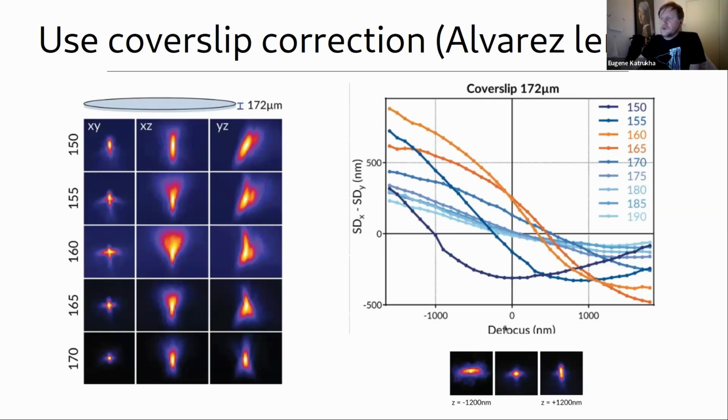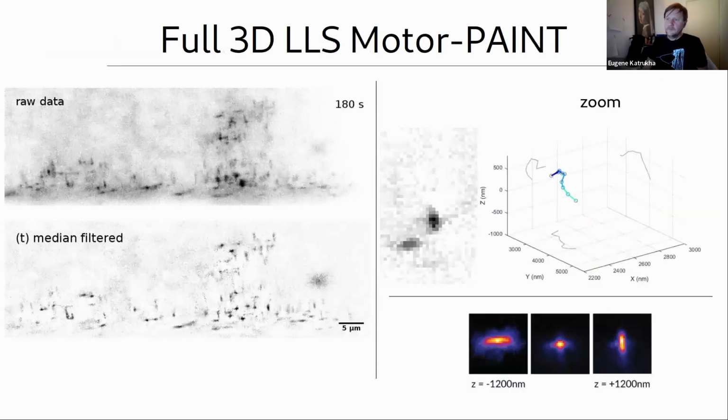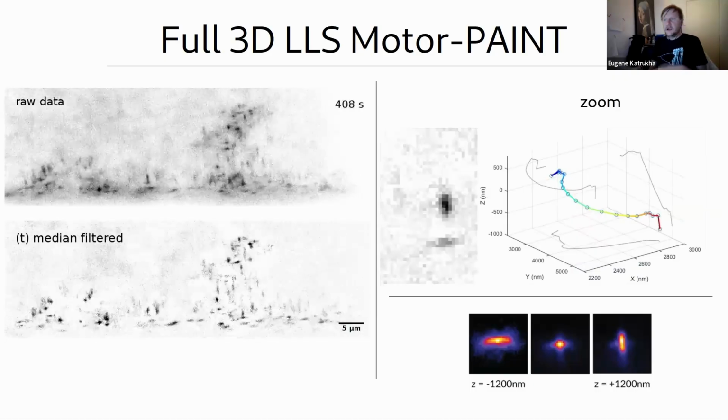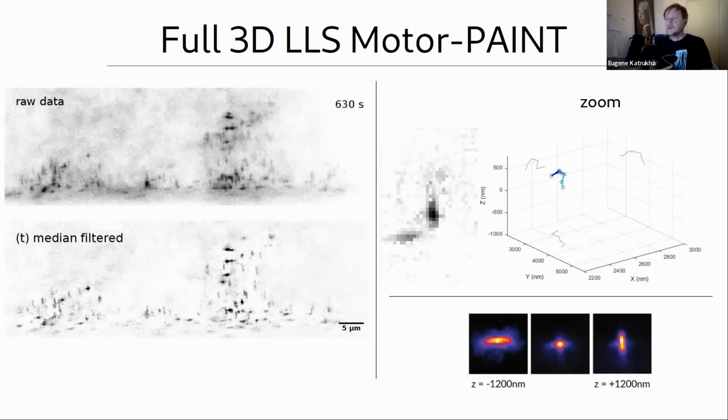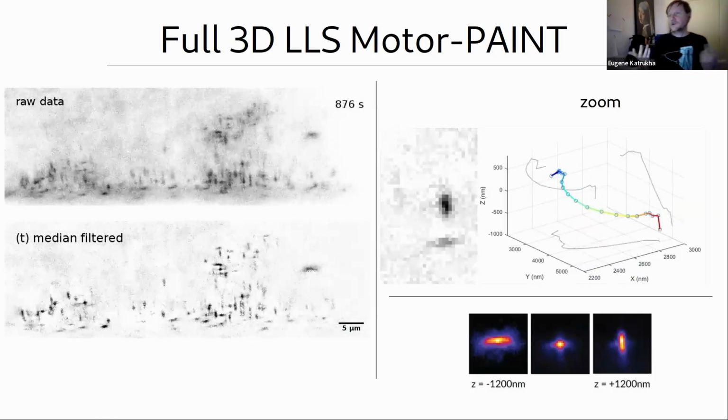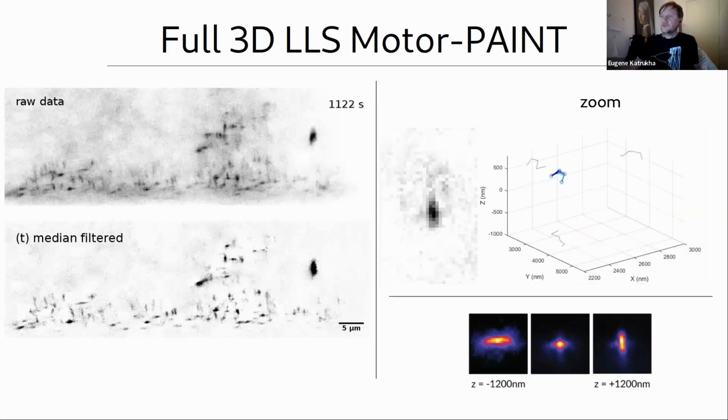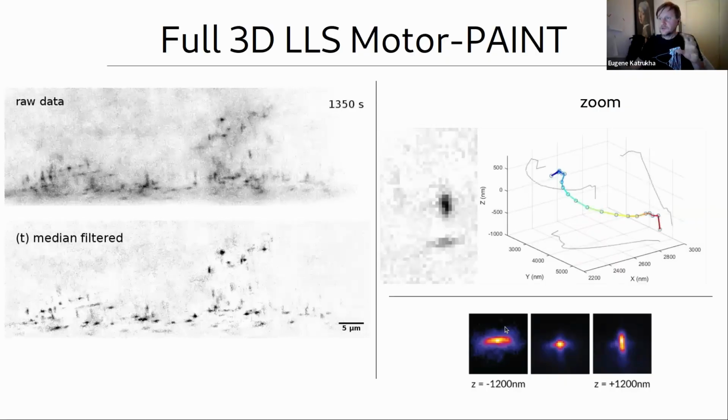If you look at it, the range where the thing still works is relatively large, almost 2 microns, right? So that means you can take smaller steps out of that. So we were pretty happy with that. And then when we introduced this deliberate miscorrection of the cover slip, we were really happy to see that indeed we can see molecules of different shapes.